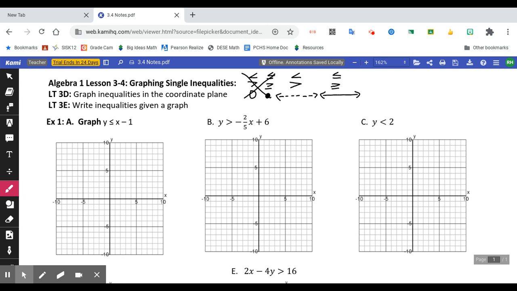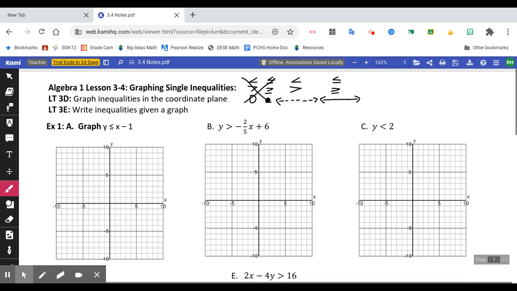The other part is we're actually going to be shading in on the graph like we did on our number line, but we're going to be coloring in the entire thing. So if it's less than or equal to, you're actually going to shade below the line, because it's actually going to be less than that amount.